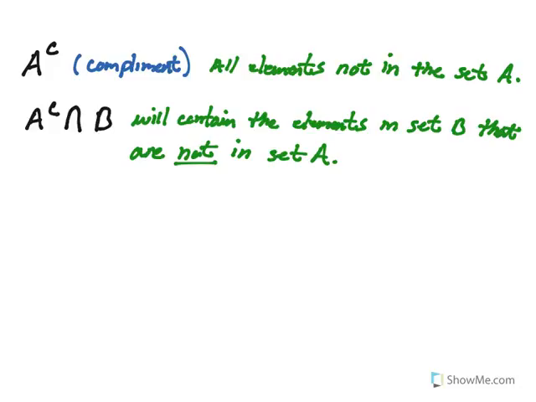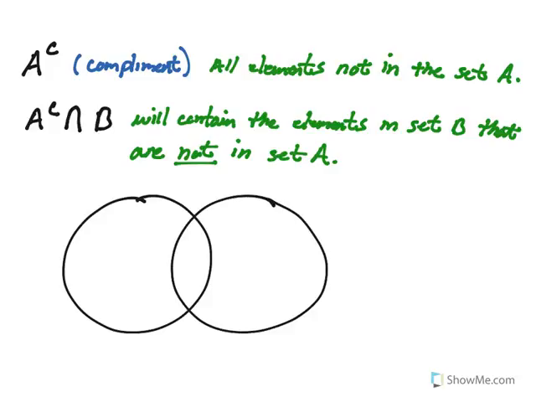Okay, so you have two sets, again, A and B, and then we want to find the intersection of the complement of A and B. Okay, well, if you want to show where these elements are going to be located, we've got to look at the statement that we just read, right?